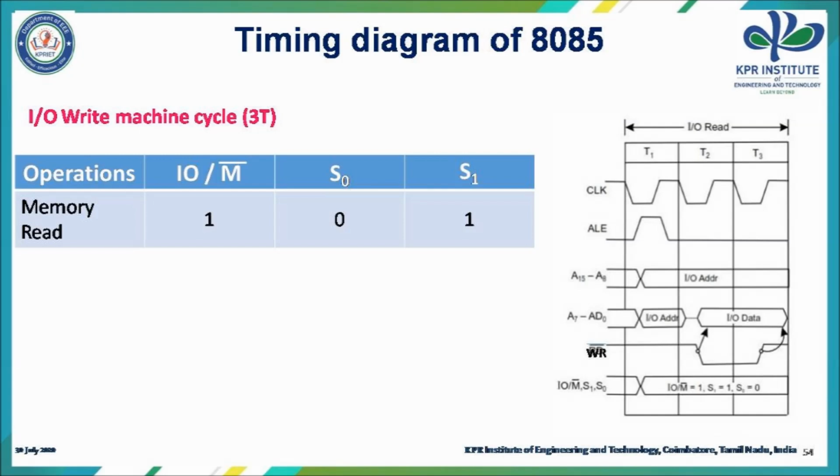A8 to A15 always carry the higher order address. Here the write bar pin is used because this is a write operation, and it is made low during T2 and T3 whenever the write operation is performed by D0 to D7 pins.